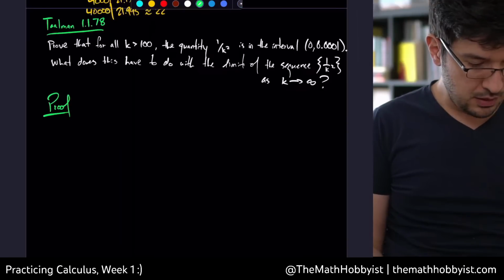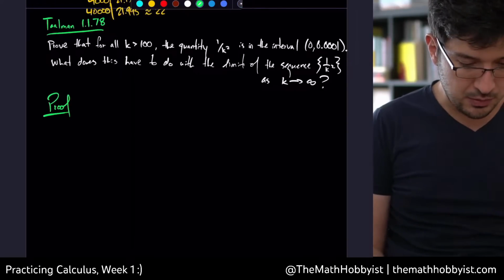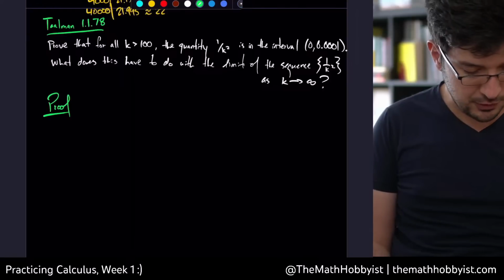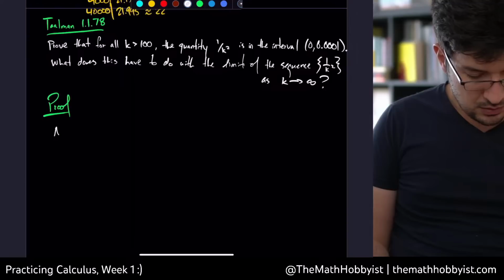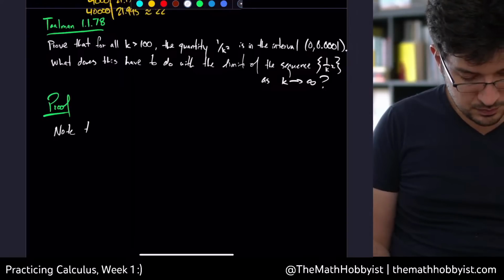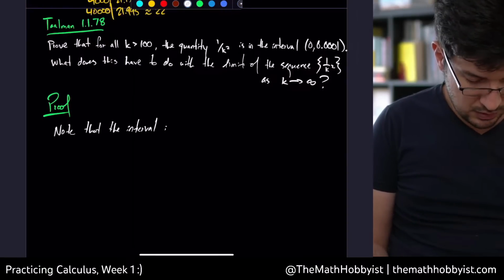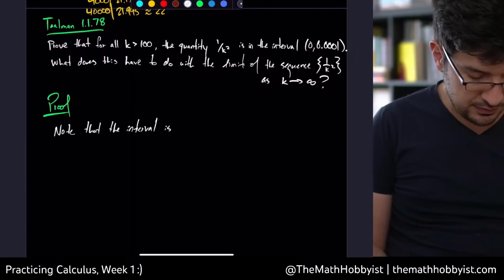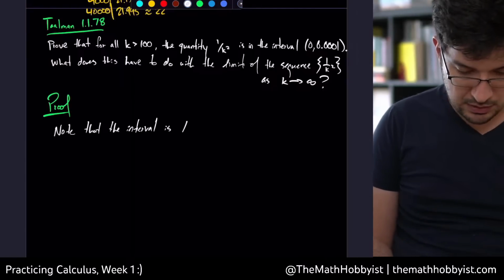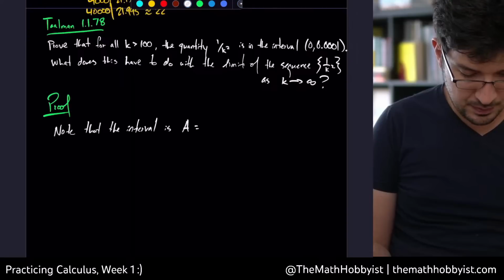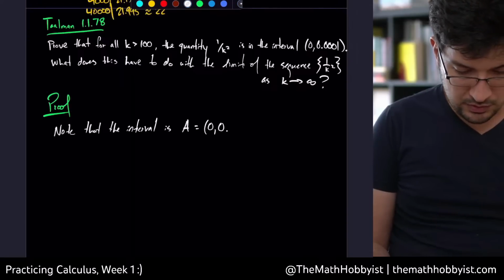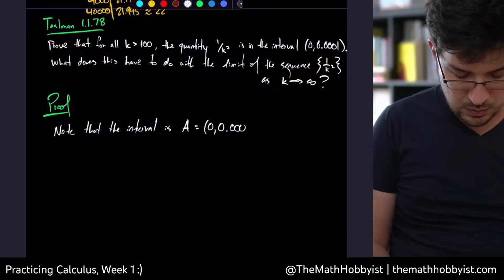All right, prove that for all k greater than 100, the value 1 over k squared is in this interval. So let's say the interval we want to talk about is from 0 to 0.0001.